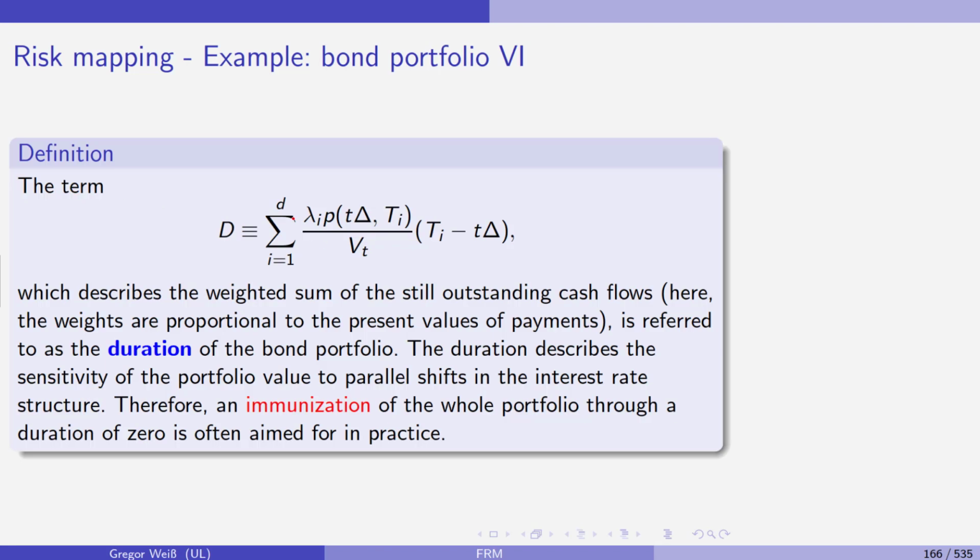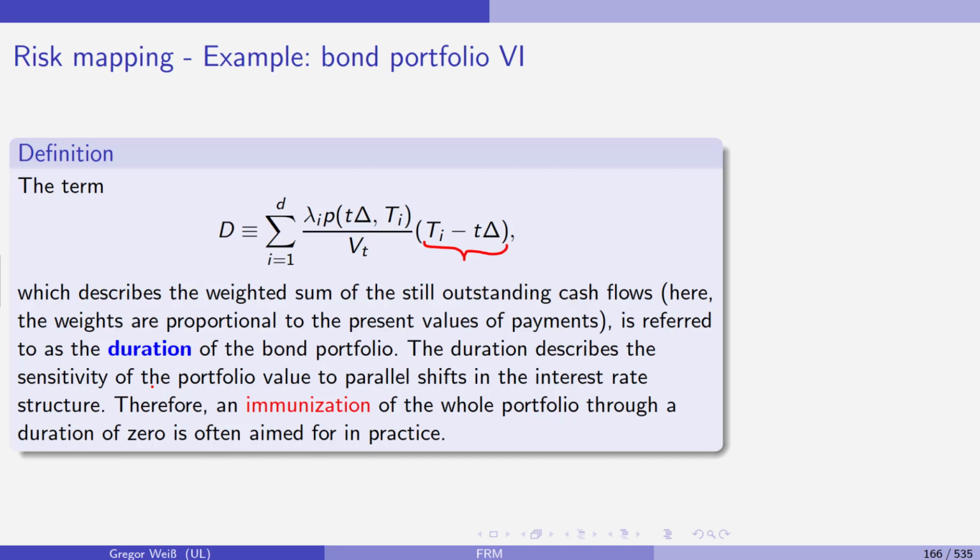This term, d, is the remaining maturity on this payment, and you can see here the weights are actually the amount of money you've put into the ith bond relative to the overall portfolio weight. So this weighted sum of the still outstanding cash flows is referred to as the duration of the bond portfolio.